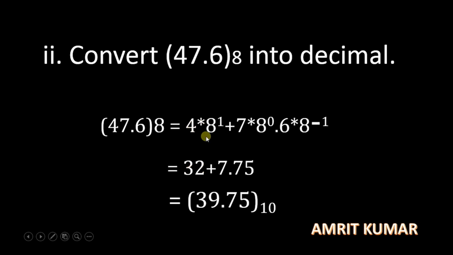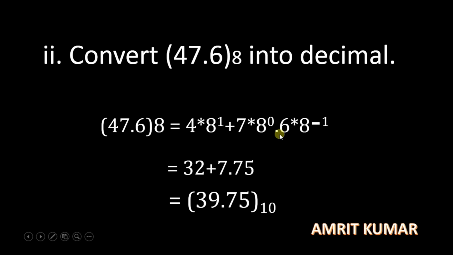Therefore I am adding all these terms. To the right of the decimal point, I am multiplying with 8 whose power is minus 1, because this is the decrement side and the other is the increment side.